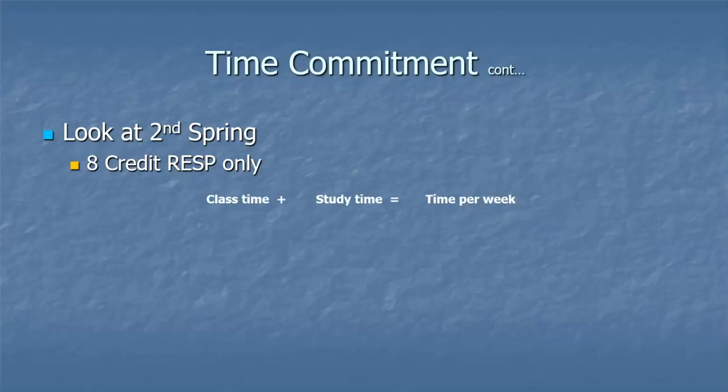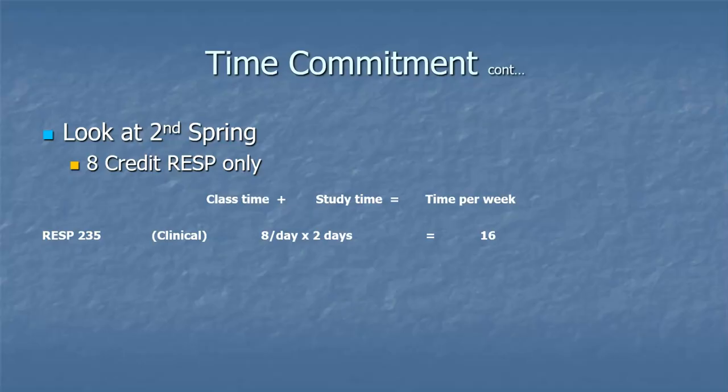So let's take a look at your second spring semester. And if you were only taking respiratory courses, you will have 8 credits of respiratory. So let's look at the class time plus your study time, and how much time does that eat up in your week? Well, we'll start with clinical. So we say 8 hours a day, that includes your driving time.